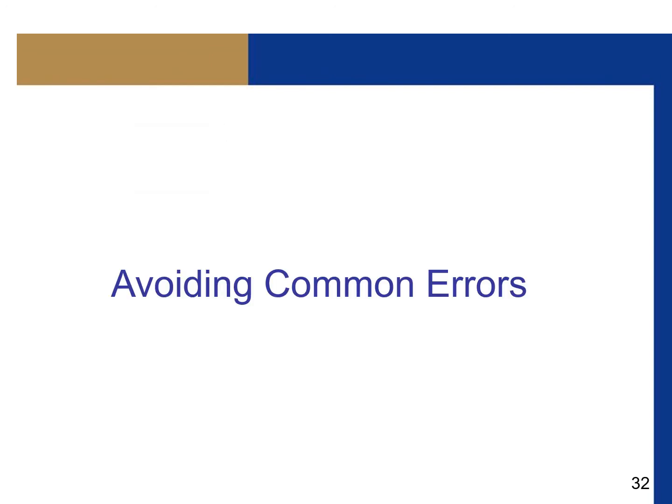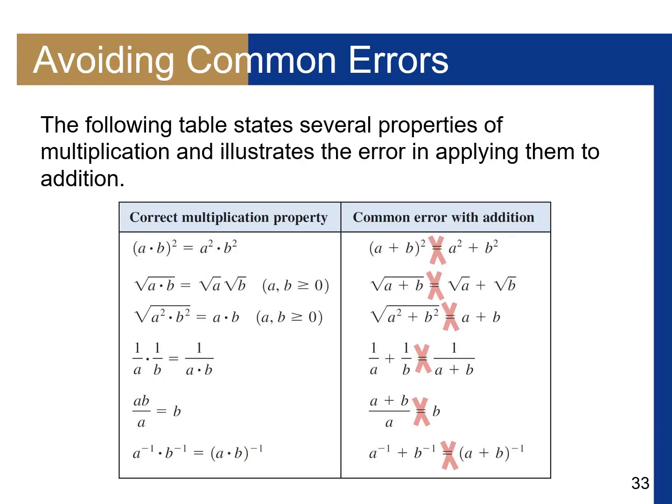Okay, avoiding common errors. This slide I love because it never fails when I'm teaching this class that I'll have these errors come up over and over again. If you have a parentheses and you're adding, you cannot just take square this plus square this. Remember, this is a binomial square. You cannot just take the square into both.